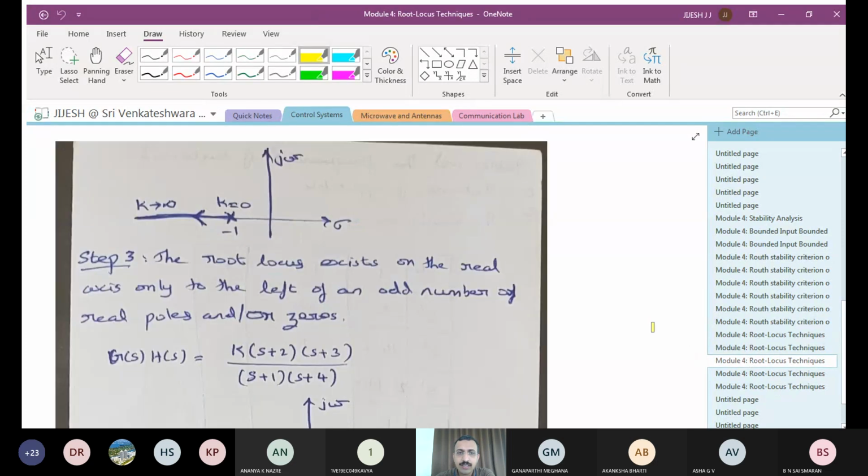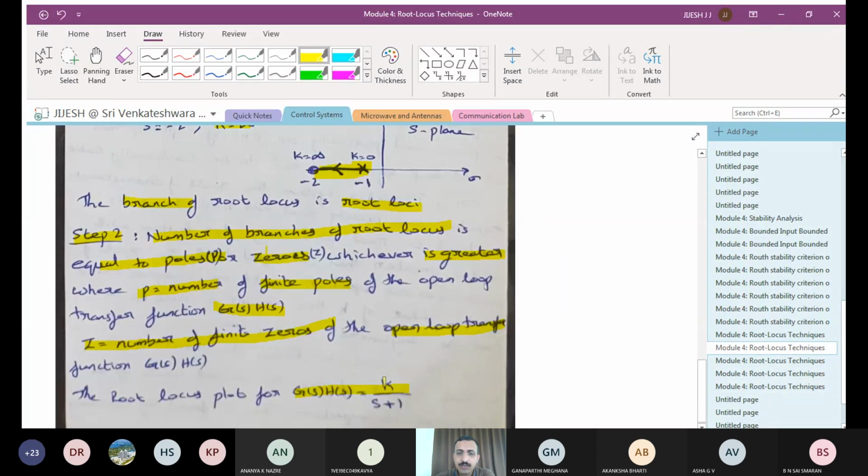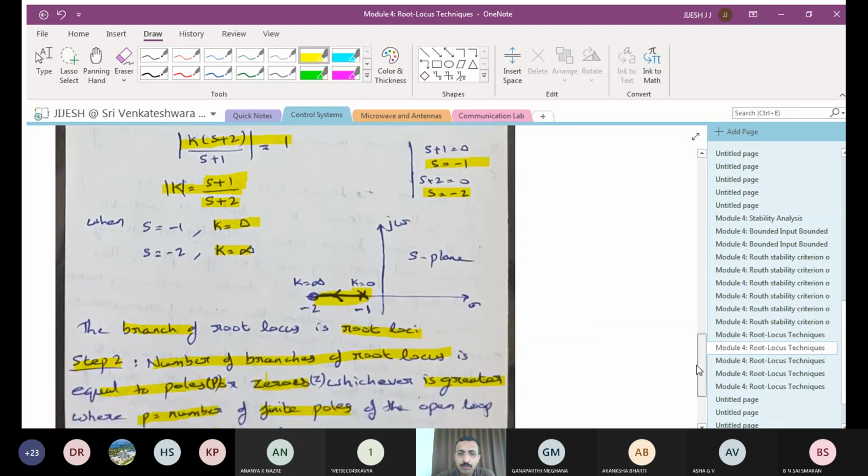You will have one pole because there are no zeros available here. The numerator k can be 10 divided by s plus 1 or 5 divided by s plus 1, anything. So we are taking it as k divided by s plus 1. Here you have only the poles, and you are going to denote the poles.